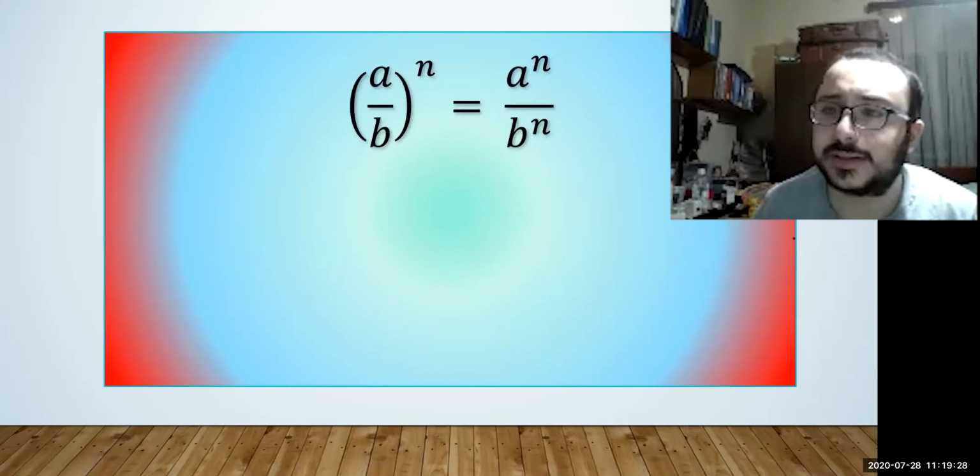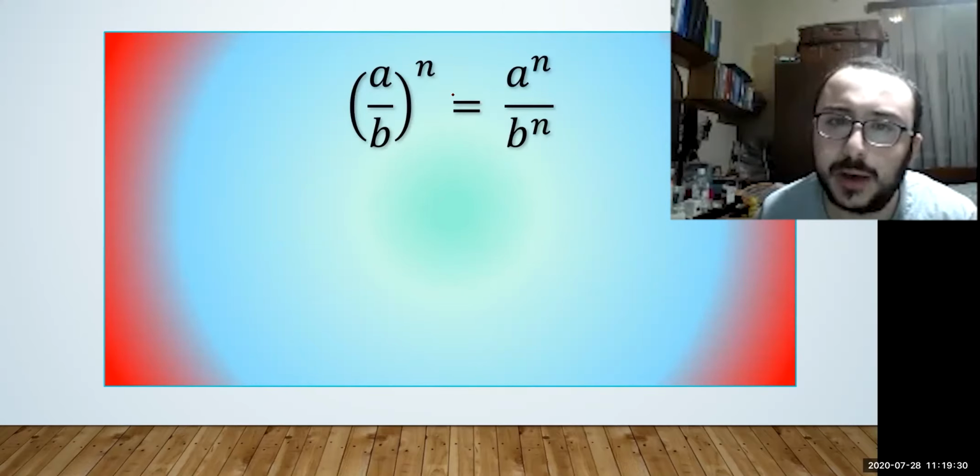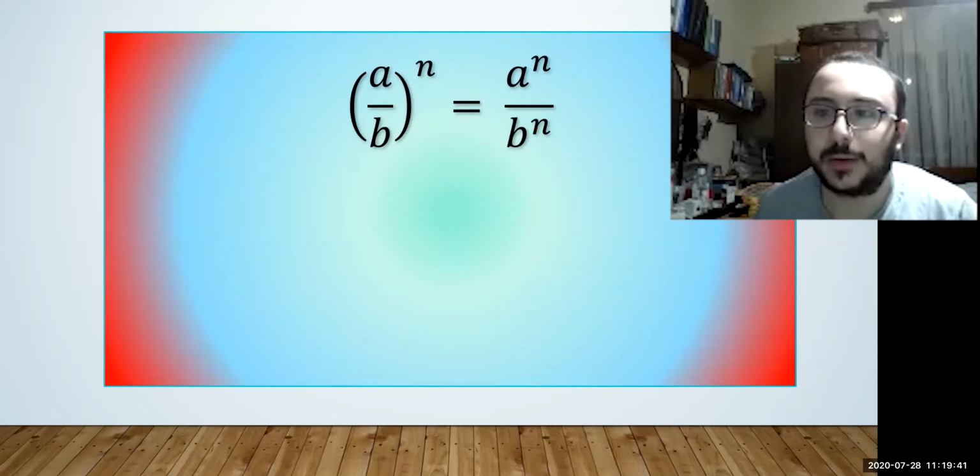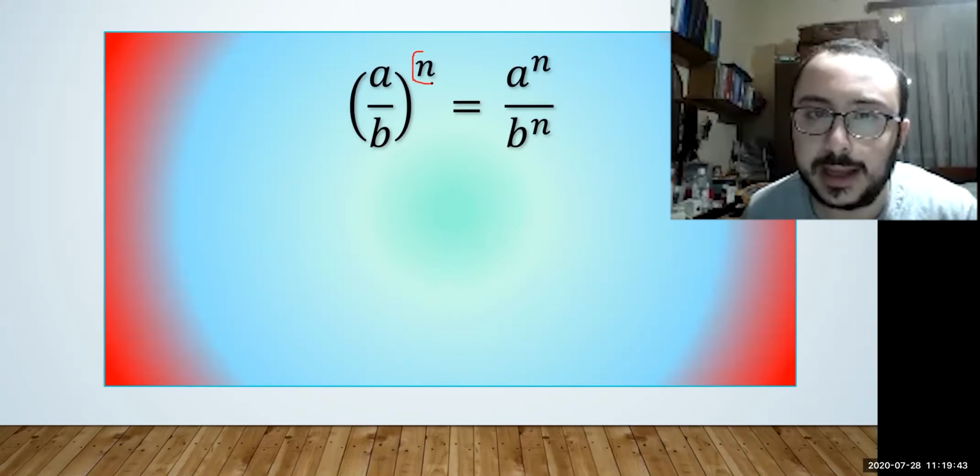Now with fractions, if a fraction has a power, the whole fraction a over b to the power n, it means it's equal to a to the power n over b to the power n. We give the power n to each of the numerator and the denominator.